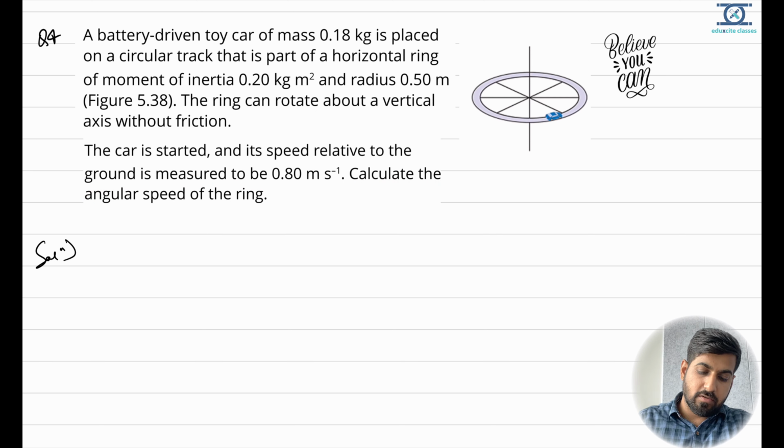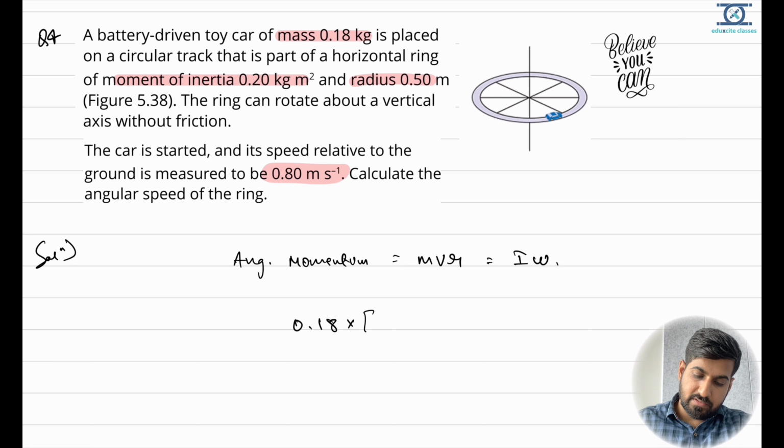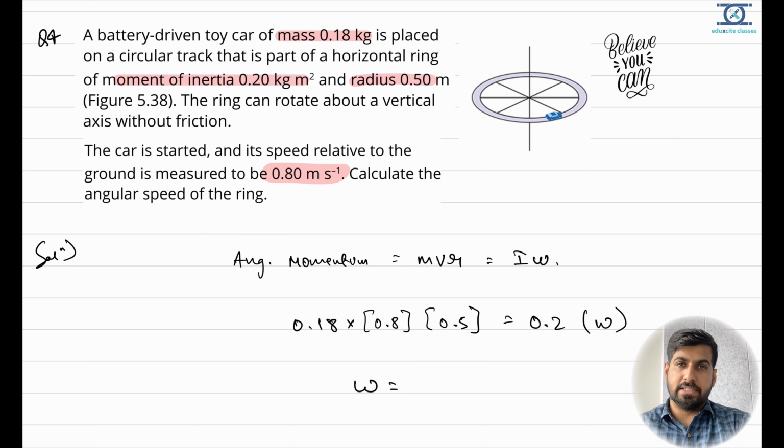So omega we have to find out, right? So we can use this as 0.18 times 0.8 into 0.5 is equal to 0.2 times omega. Now when you solve this for omega, you will get your answer, which I have already solved, so you will get 0.36 radian per second.